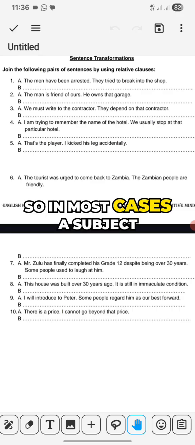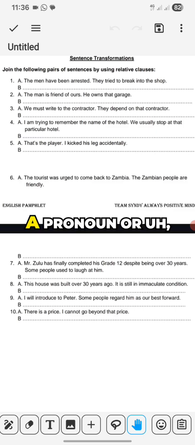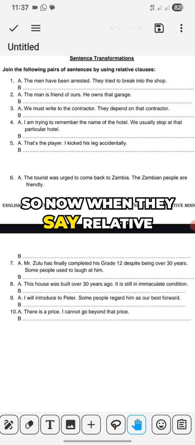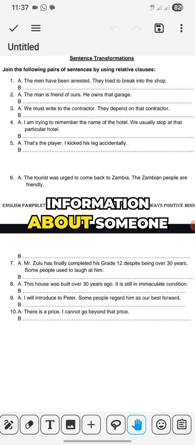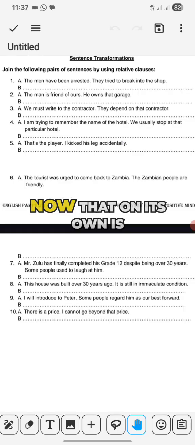In most cases, a subject is usually a pronoun or a noun. A noun in simpler terms is a naming word. So when they say relative clauses provide useful information about someone or something mentioned in the sentence, that on its own is not complete.